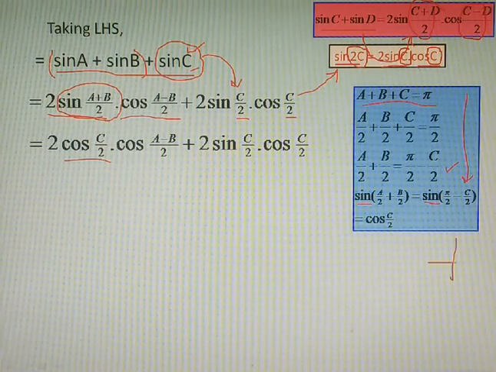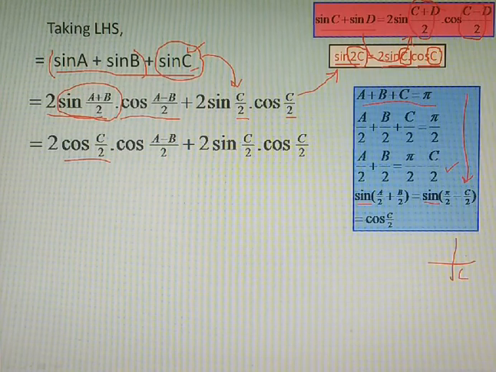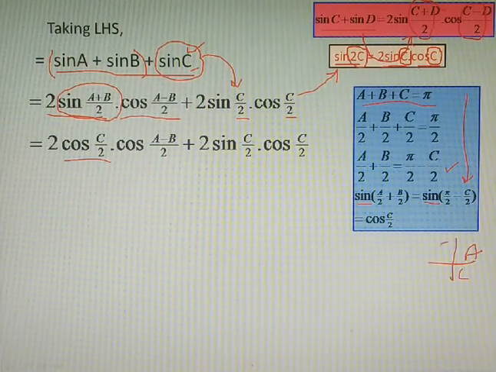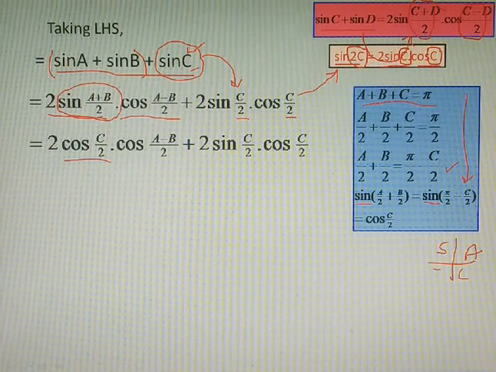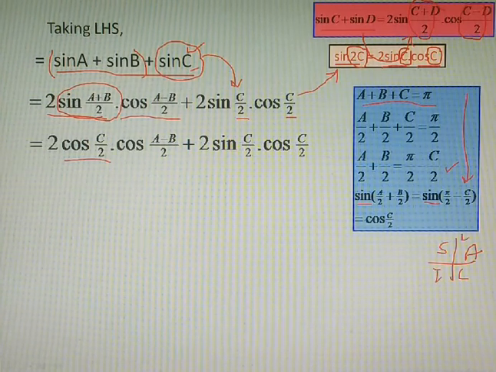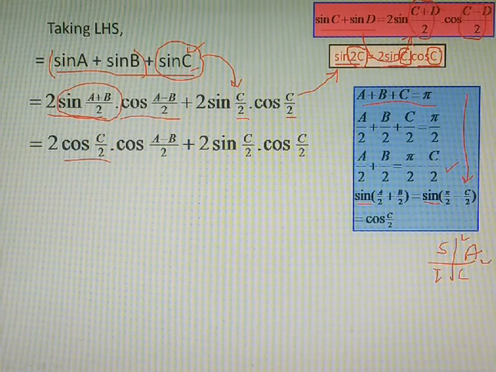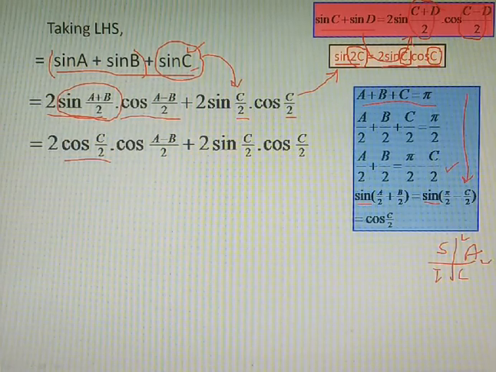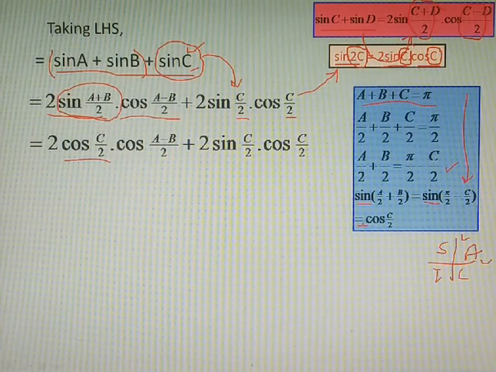And if we follow the CAST rule, according to the CAST rule, whenever the angle is in between 90 degrees and 0 degrees, then the value will be positive. So that's why we have written plus here.